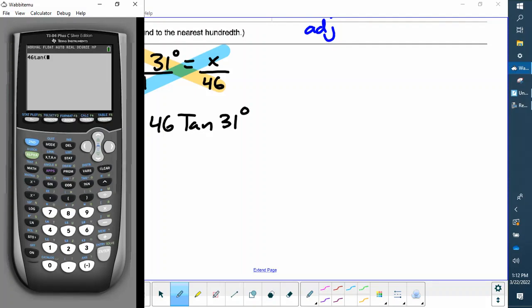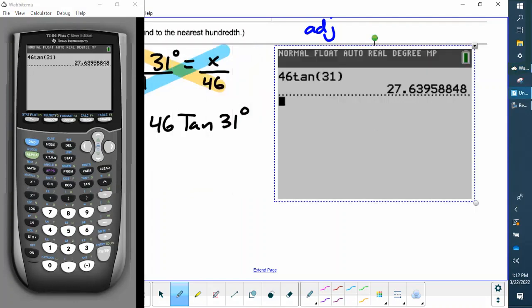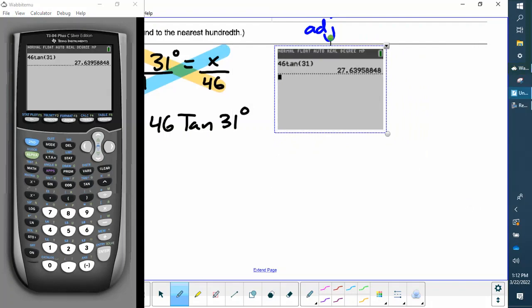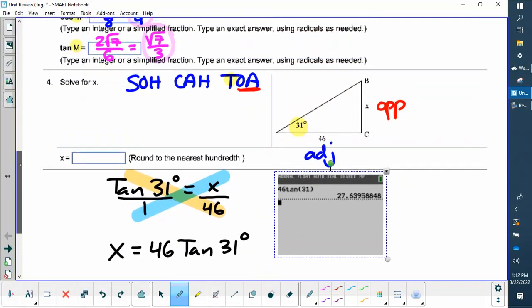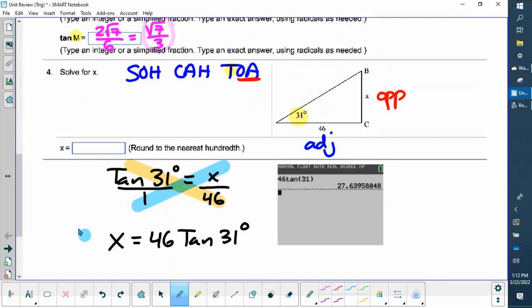So let me type it in one more time. 46 times the tangent of 31. I like to close my parentheses because it looks a little nicer. I'll pull this over. Now, this is a computer program, so you have to round appropriately. If you don't round appropriately, it's going to mark you incorrect. So might as well round appropriately. So nearest hundredth. Hundredth is 2 decimal places.